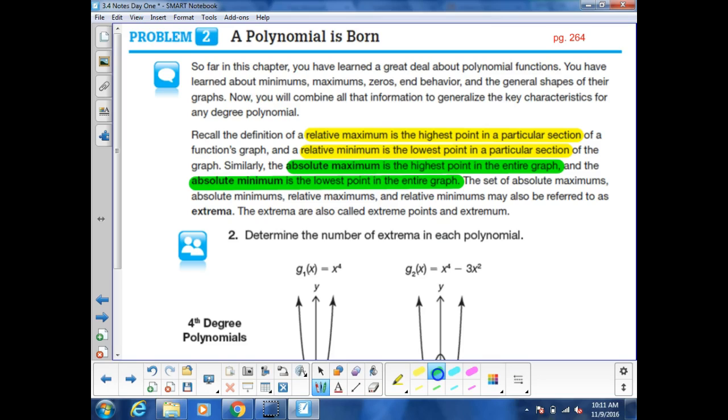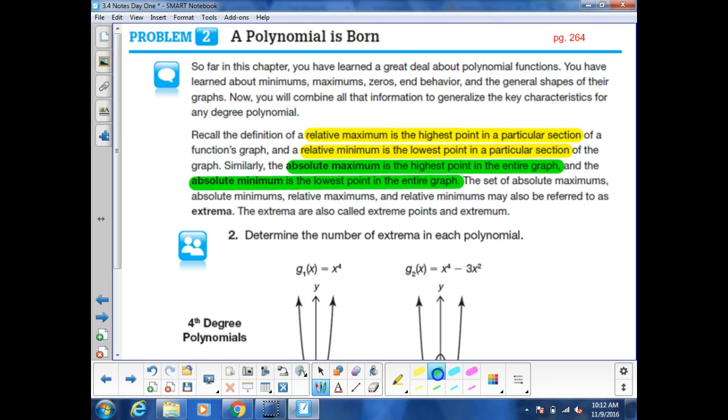My parents' house in Florida sits at 12 feet below sea level, which is a low point. But there's some trench in the Pacific Ocean, I don't remember the name, that's like 25,000 feet below sea level. So absolute, relative, right? Good deal. With me?